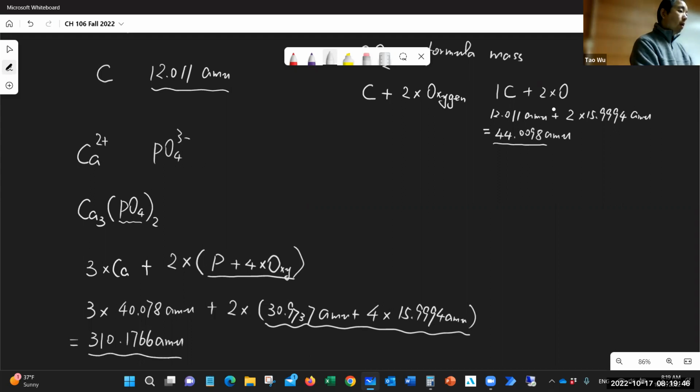That's going to be the formula mass for the calcium phosphate.